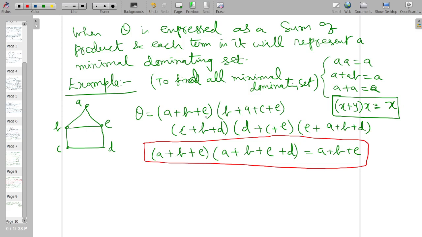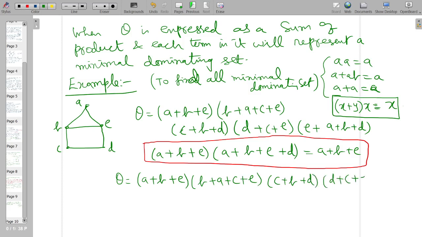So theta here gets reduced like this: (a plus b plus e), (b plus a plus c plus e), and similarly (c plus b plus d) into (d plus c plus e). It gets reduced to 4 terms here.